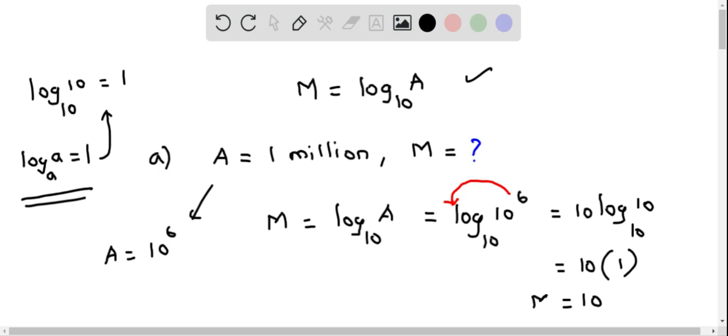So we found M equals, I'm sorry, this has to be 6. When we bring the 6 in front, this is 6 and not 10. So I'm going to replace this as 6. So this is also 6. So finally, M equals 6 when A equals 1 million.